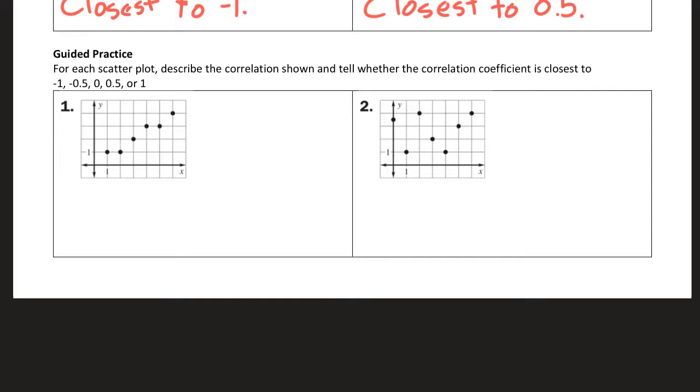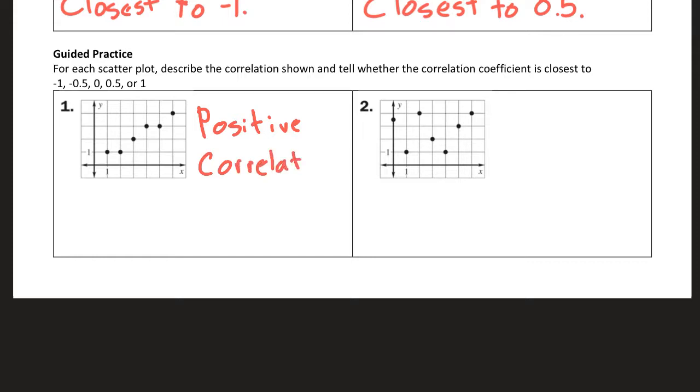Okay, so in number 1 in this guided practice, it says for each scatter plot, describe the correlation shown and tell whether the correlation coefficient is closest to those values we talked about before. In number 1, I would definitely say that shows some sort of positive correlation.